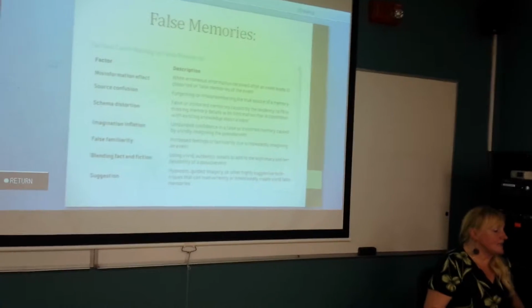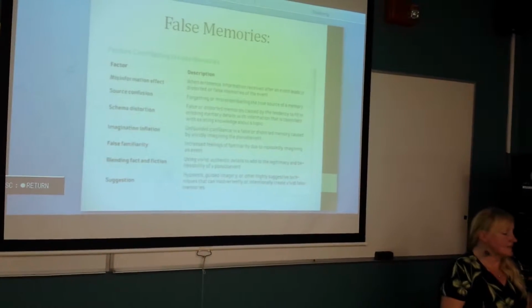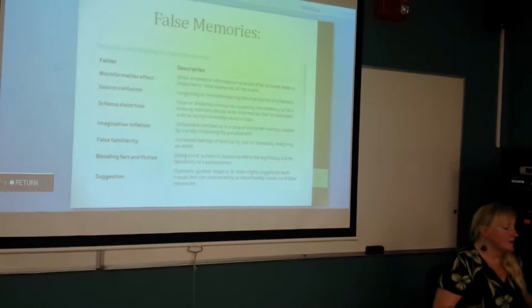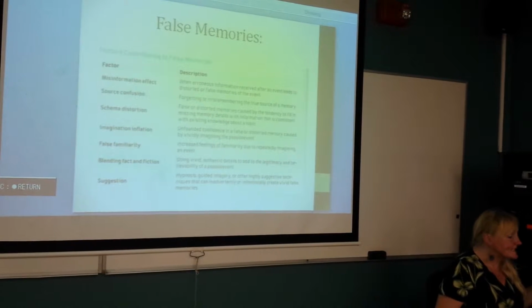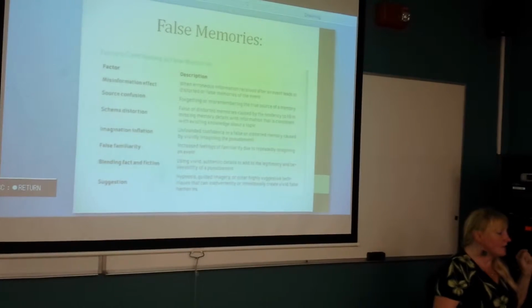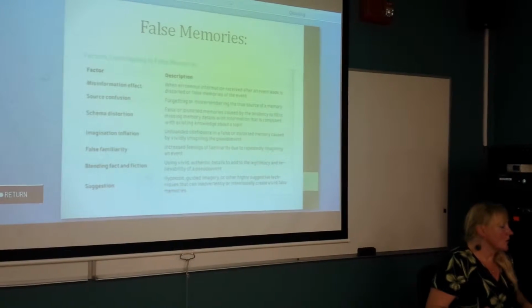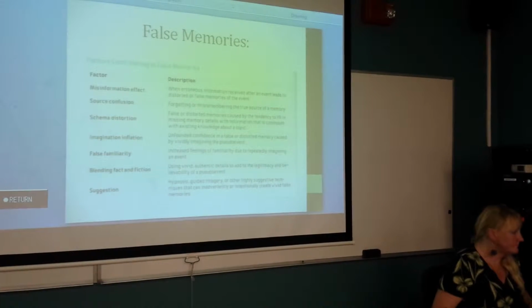And after reading the 4 event descriptions, each participant was asked to recall the details as much as they could and to write it down. 2 weeks later, they were asked again. And surprisingly, 6 out of the 24 created a full or partial memory of being lost at the mall. So that is the misinformation effect.